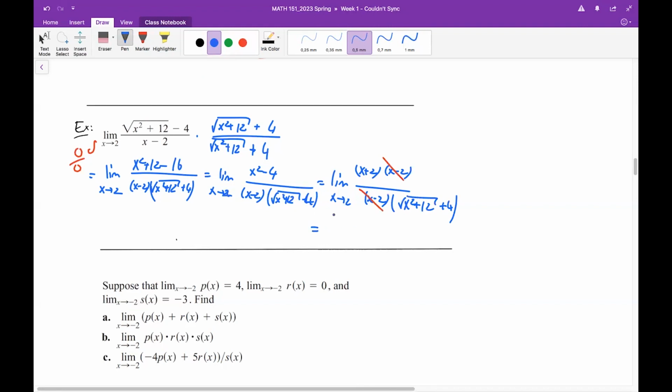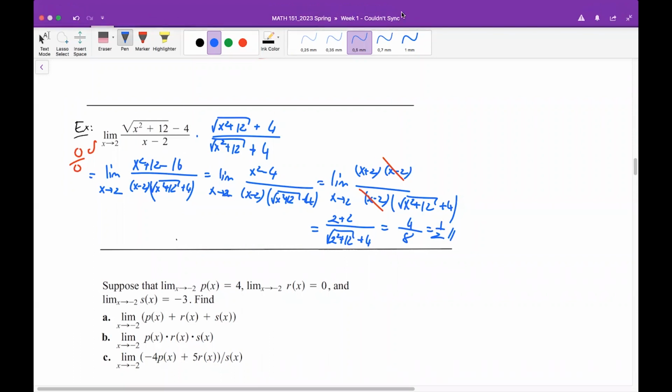Insert x equals 2, please. 2 plus 2 divided by square root of 2 squared plus 12 plus 4. So the result is 4 over 8, which is 1 over 2. Okay? So this is an example of how you need to treat this indeterminate form if you have square root functions in your expression. You need to multiply and divide by the conjugate of it. Okay, any questions on this one?